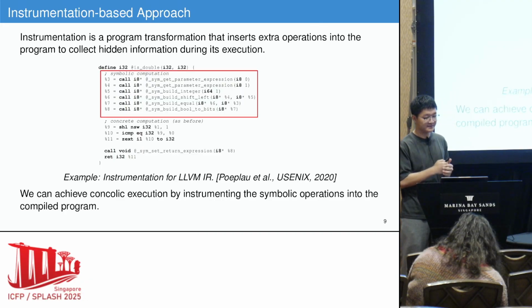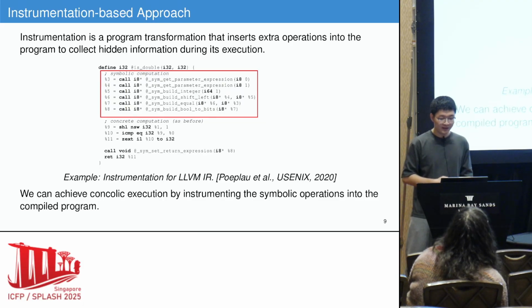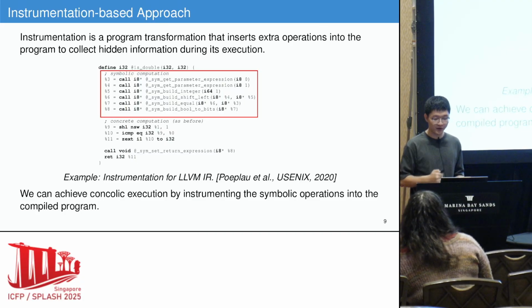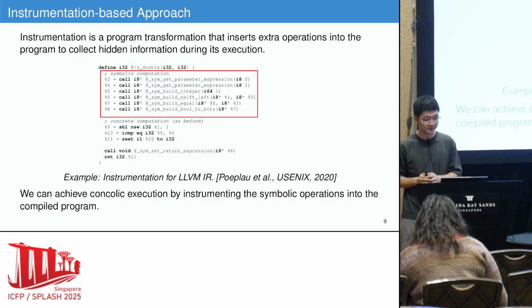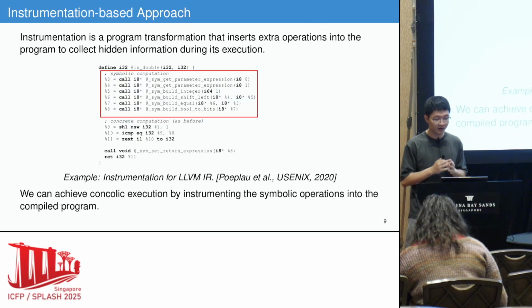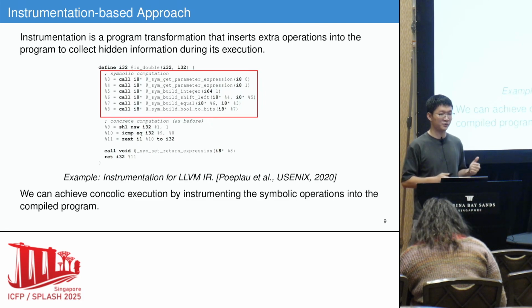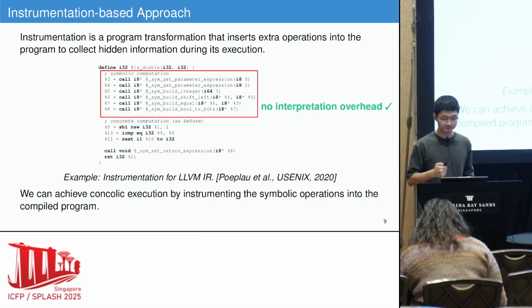We can see that the symbolic operations have been inserted at the head of the program. When the execution reaches here, these symbolic operations will be executed first, then comes the original concrete instructions. In this way, we achieved Concolic execution for our WAM. This is not a WebAssembly example, but it's not hard to apply the same idea to WebAssembly Concolic execution.